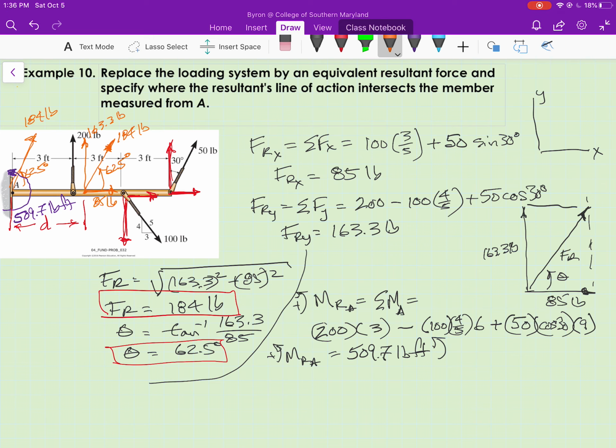But note that the 85-pound X component produces no moment about A since it acts through A. So it's just the Y component of the resultant force of 184 pounds.